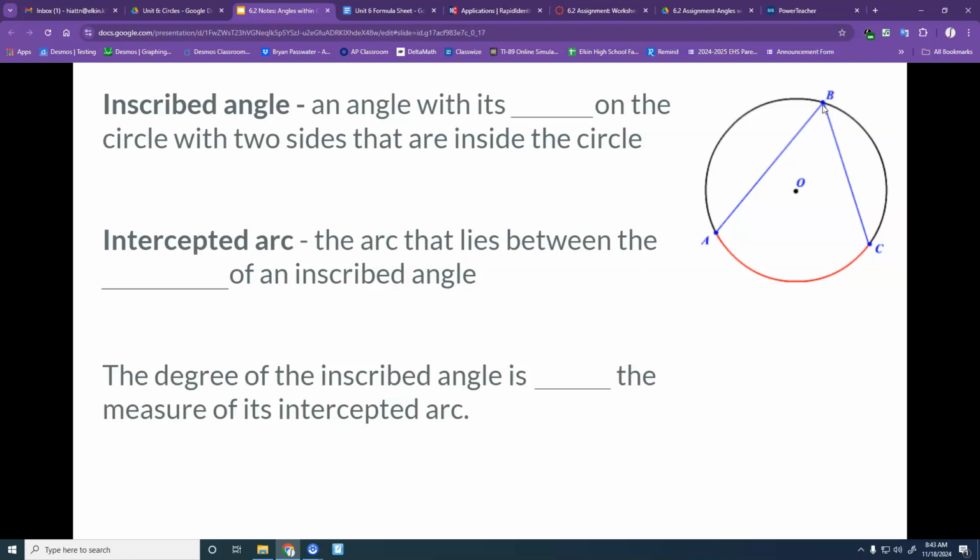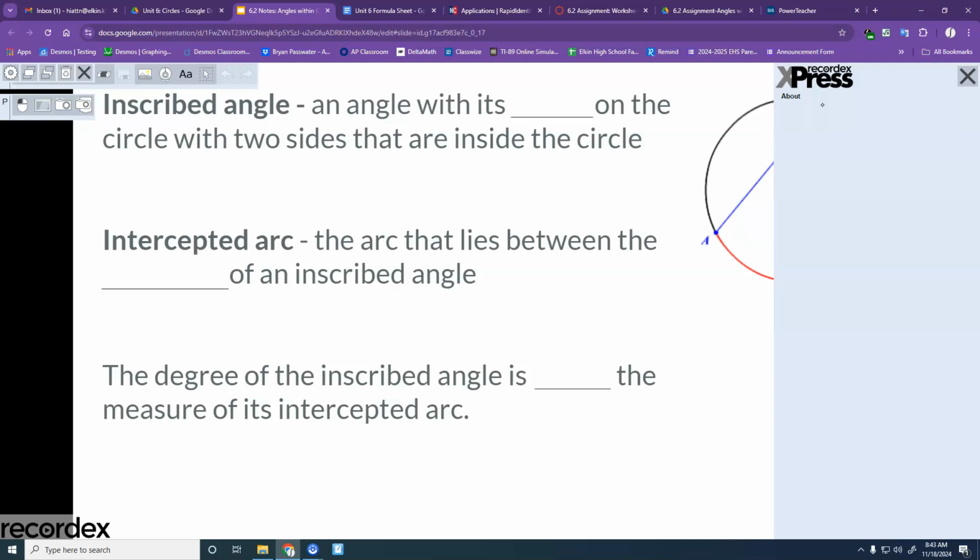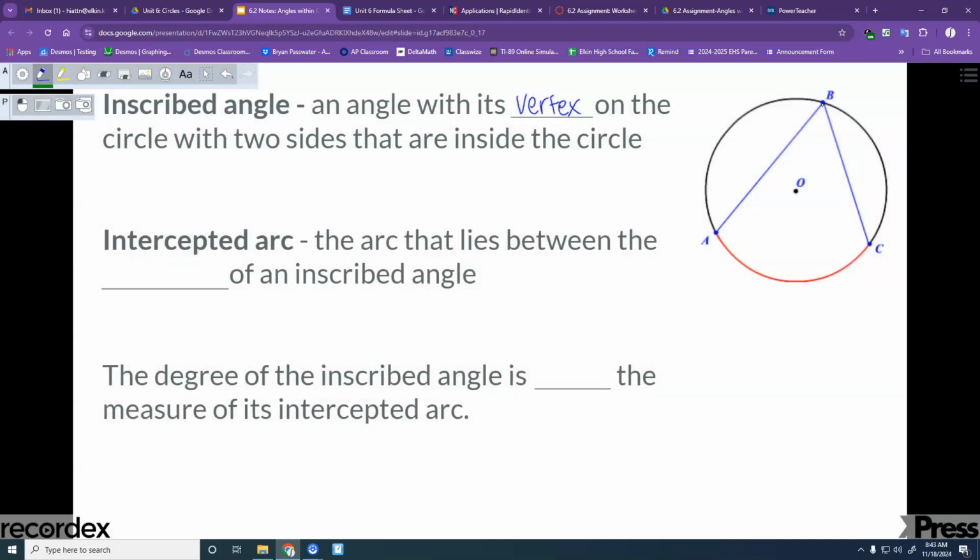Vertex. It is your vertex. So, where a central angle went to the center, this angle right here has its vertex, that middle point, on the edge of the circle. Its endpoints are also on the circle, because your two sides are inside of the circle.